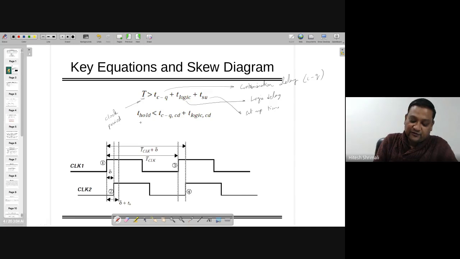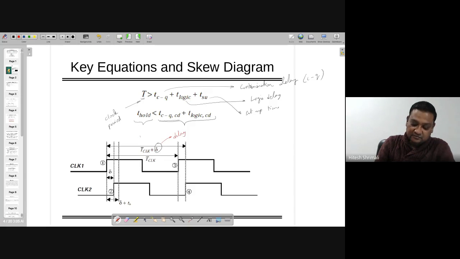Okay, and if you are talking about how much hold time has to be known to you, that depends on two things. It has to be lesser than the contamination delay and the logic delay. It's not dealing with setup time at all, right? But it has to be lesser than these two in total. If you look at this particular diagram, you can see that delta is actually a delay.